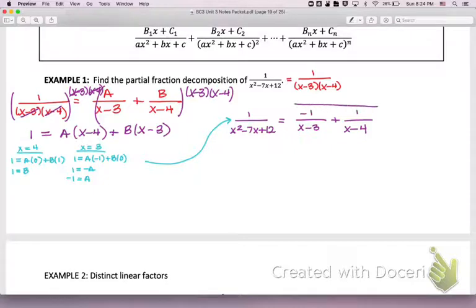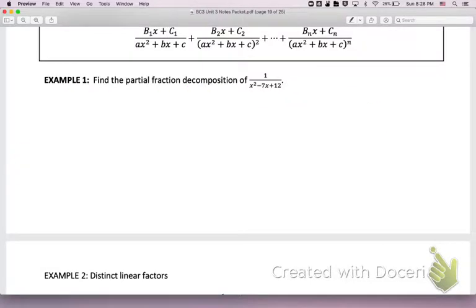And so this is called the partial fraction decomposition. We're taking a single fraction and splitting it into more than one, but we don't want to keep the denominator the same, so we're trying to find two fractions that we could create a common denominator with to get the original answer. Okay, so that is sort of the process here.